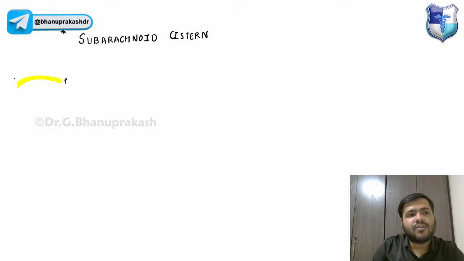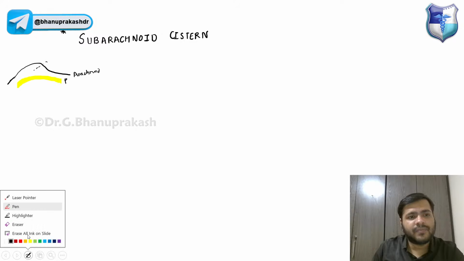Then we have the arachnoid matter. And remember, guys, if there is a large space between the pia and the arachnoid matter, whereas everywhere else the space is normal, right?